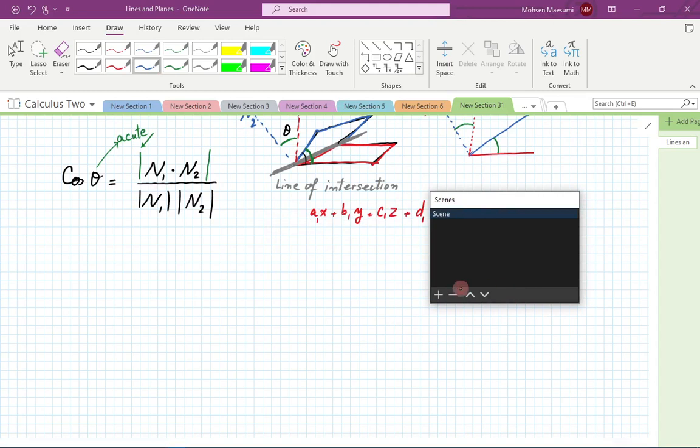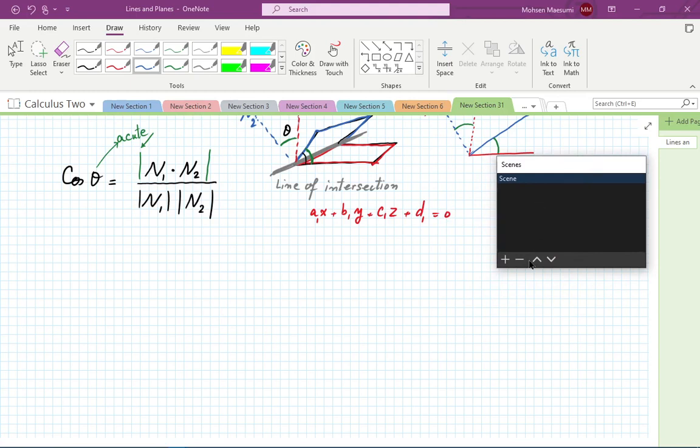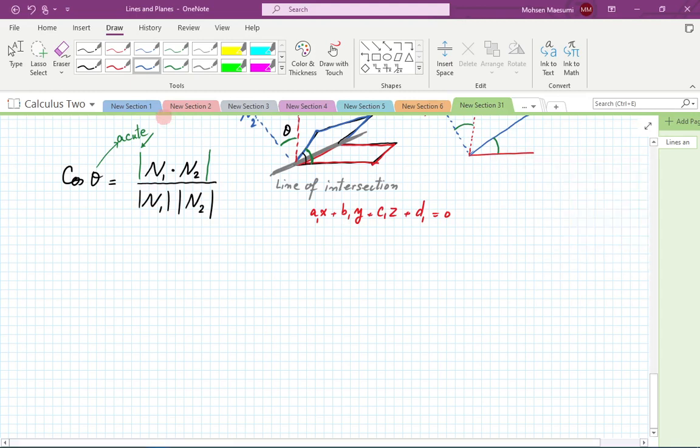Okay, the blue plane has its equation. Let's call it a2x plus b2y plus c2z plus say d2.